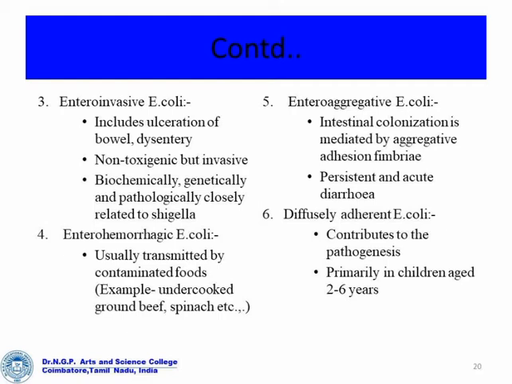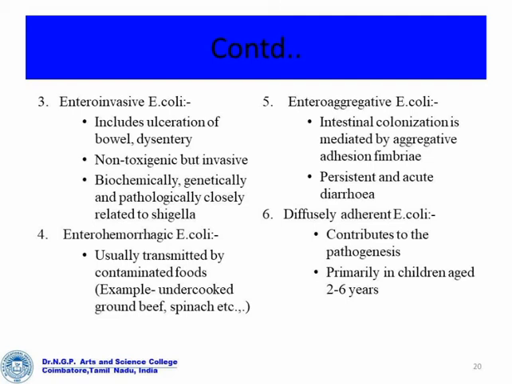And then enterohemorrhagic E. coli, it is usually transmitted by contaminated foods. Example, undercooked ground beef, spinach, lettuce, etc. And enteroaggregative E. coli, intestinal colonization is mediated by aggregative adherence fimbriae. Persistent and acute diarrhea are commonly seen, especially in developing countries.